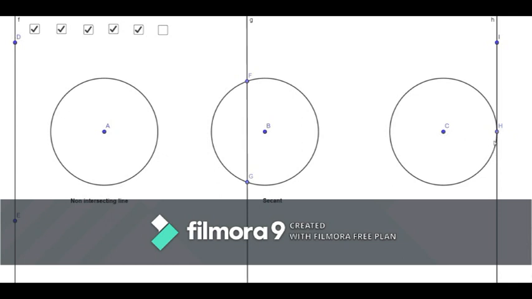This single common point is called the point of contact. The line that touches the circle at only one point is called a tangent of the circle. So in these three examples, we can easily understand what is meant by a non-intersecting line, a secant, and a tangent. Understood?